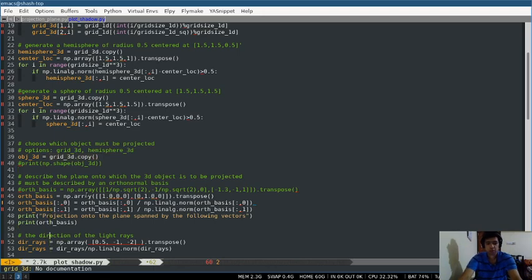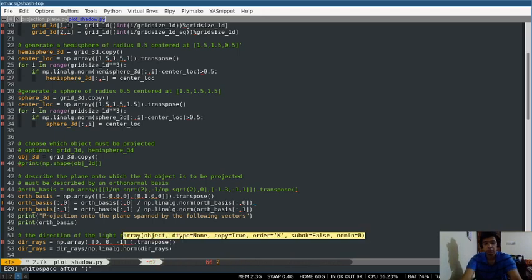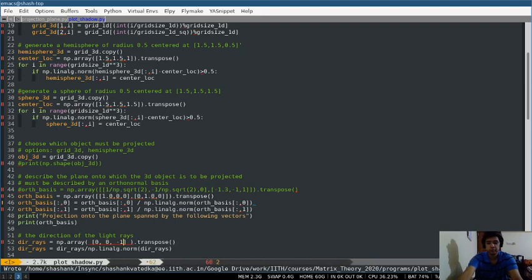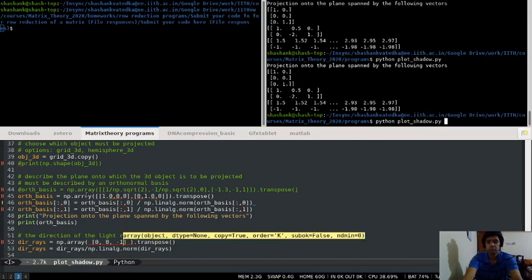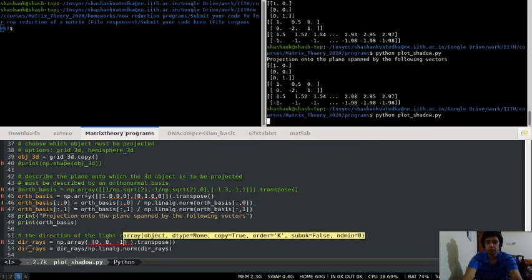And the direction of the light is, let's assume that since it's the XY plane, the direction is along the Z axis. Assume that it's along, say, the negative Z axis. And my goal is to plot the shadow, get a picture of the shadow.